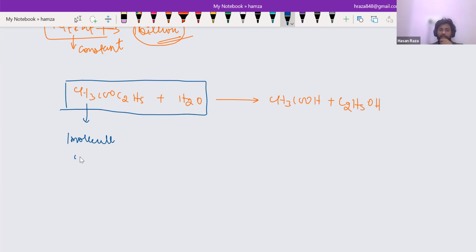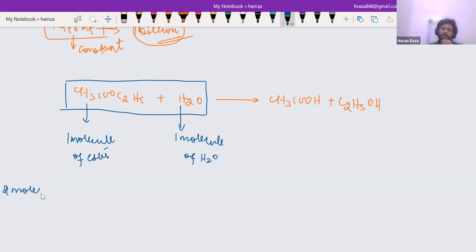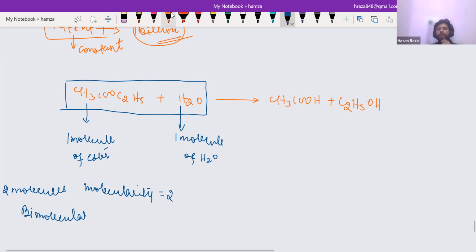One molecule of ester and one molecule of water. So total two molecules. It is bimolecular, or you can say molecularity is 2.